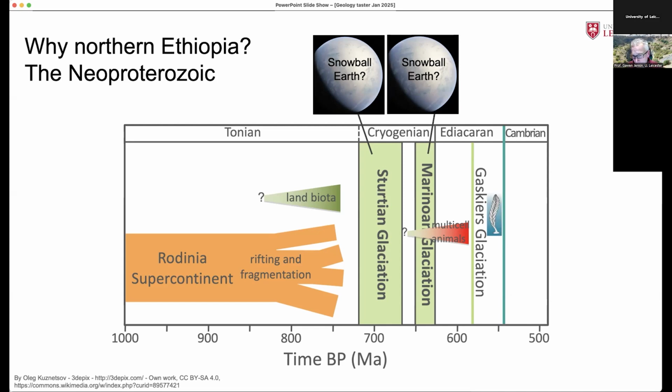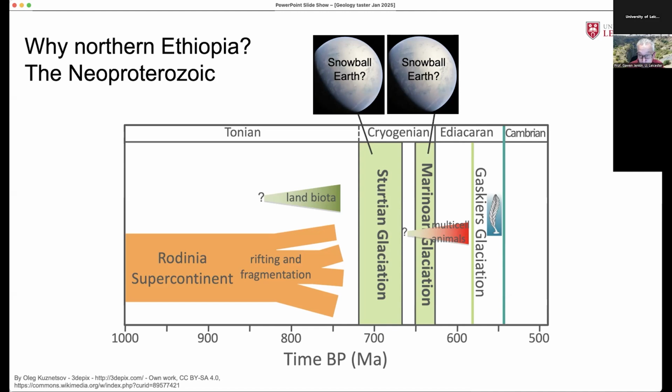Typified by this example of Charnia here, which is a soft-bodied organism that is preserved in the late Precambrian. And we can actually see examples of that. It was first discovered actually in Charnwood Forest, just outside Leicester. And you can go up there on a Sunday, and if you know where to look, you can actually go and see a Charnia fossil in the field.